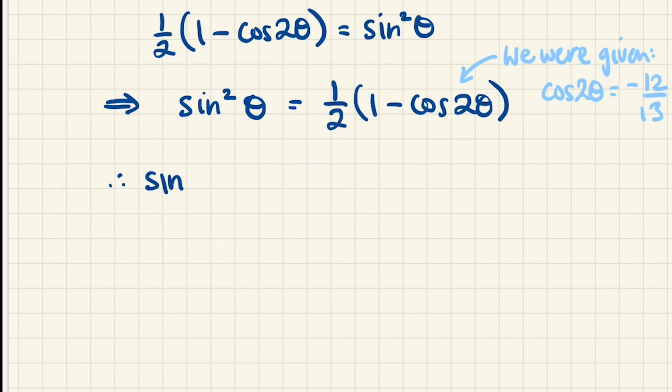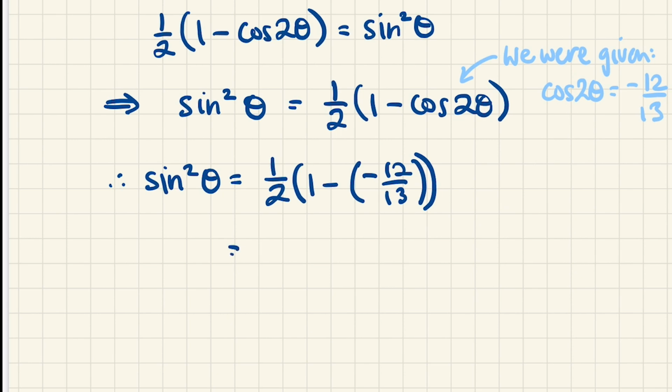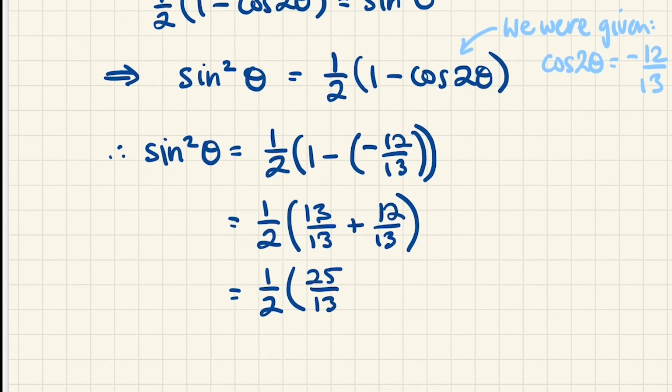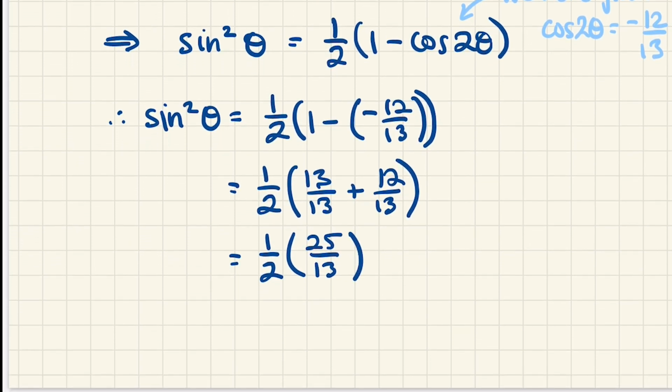So therefore, sine squared theta is 1/2 times 1 minus negative 12 over 13. So this is like 1 plus 12 over 13, which we will write as 13 over 13 plus 12 over 13. And 13 plus 12 being 25 over a common denominator of 13. So this gives us 25 over 26.